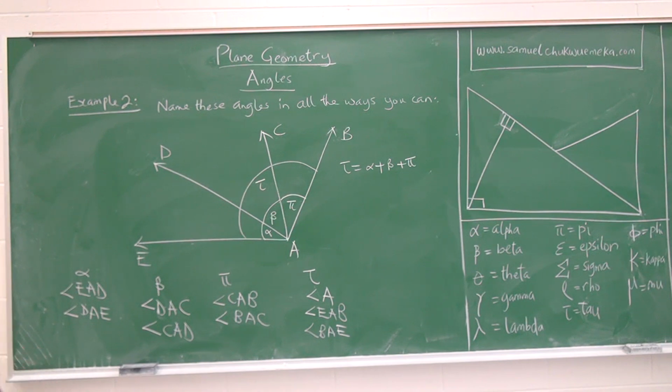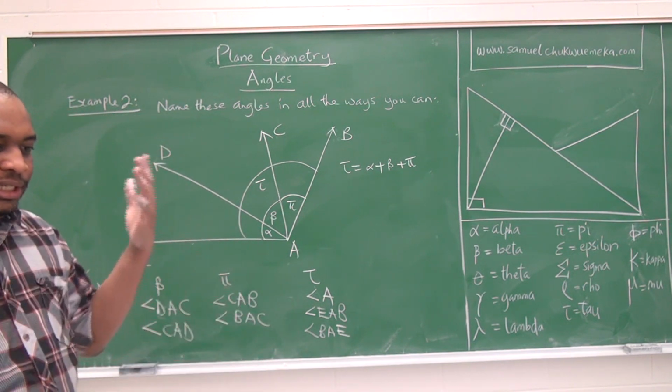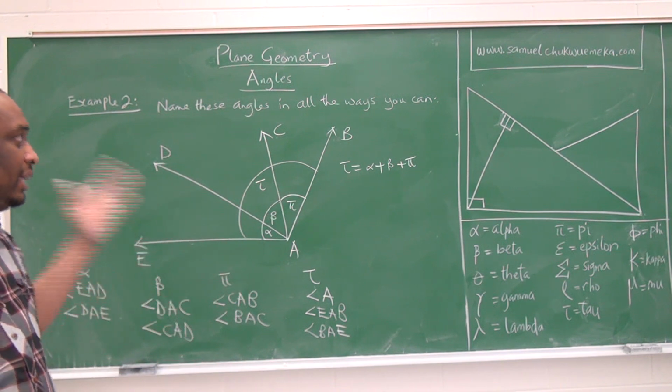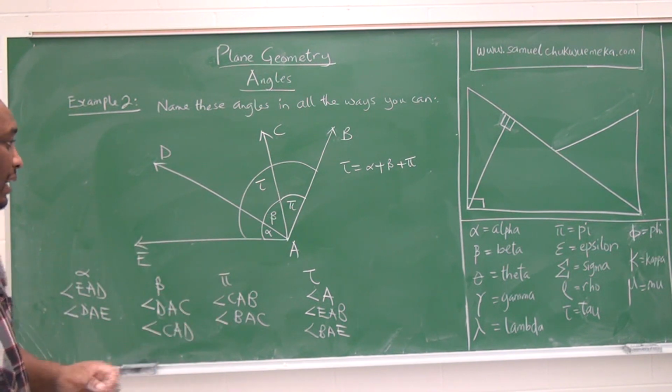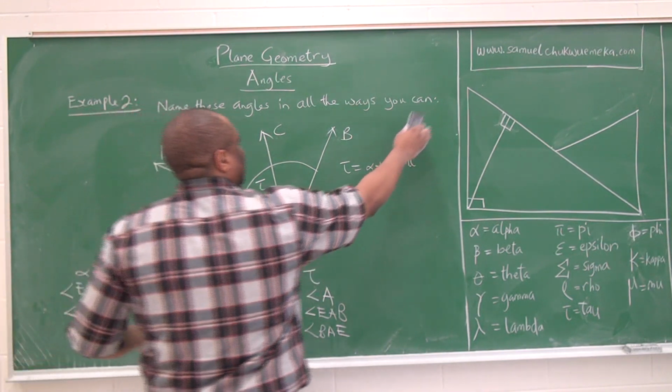And that's it. Naming angles is important because as we're gonna do more videos on this geometry and solve more calculations, you need to know how to name all these angles. I think this example is okay.